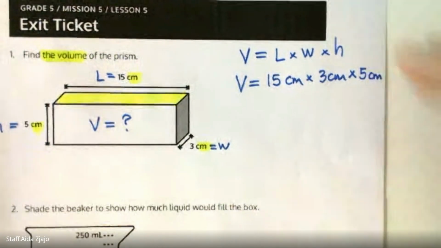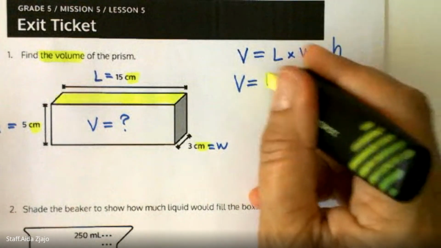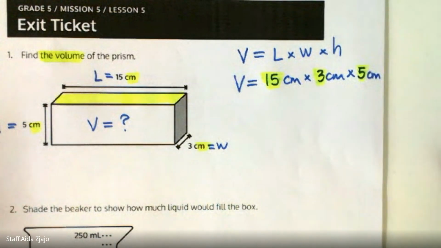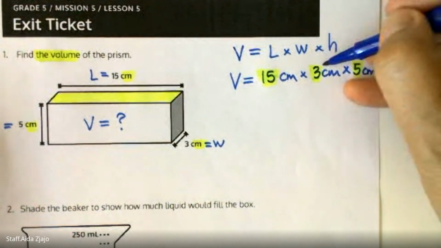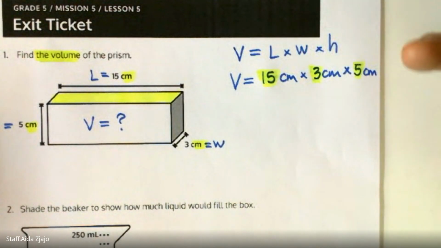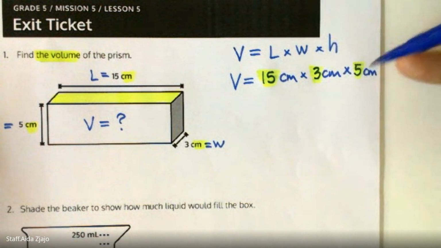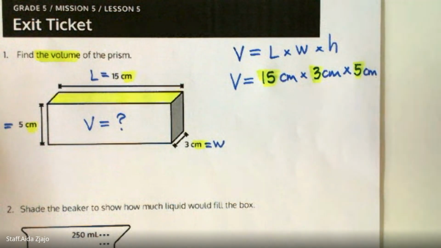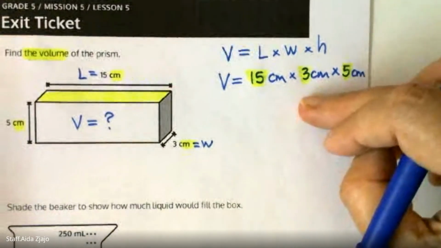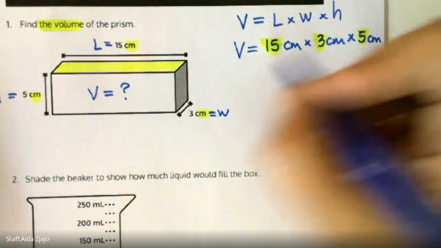So we need to multiply 15 by 3 and by 5. It's your choice. You can do 3 times 5 is 15, and then 15 times 15, or you can do 3 times 15, then multiply by 5. The commutative property of multiplication works. You will always get the same answer.